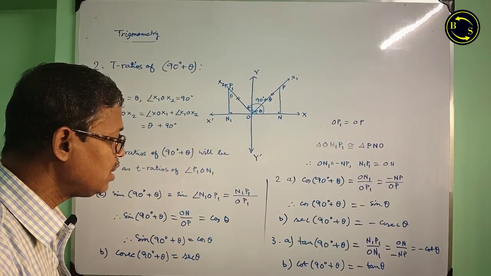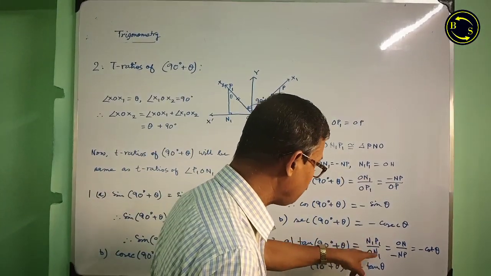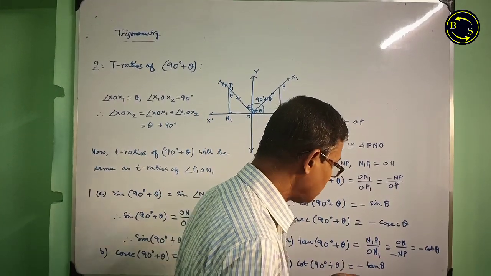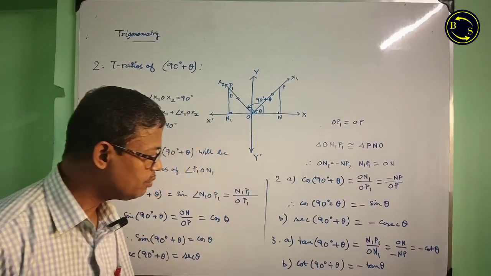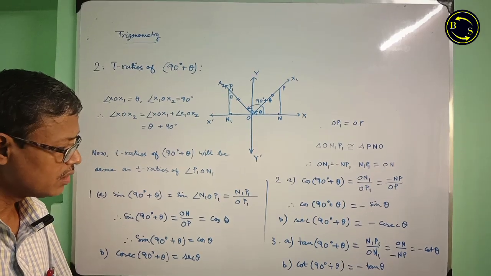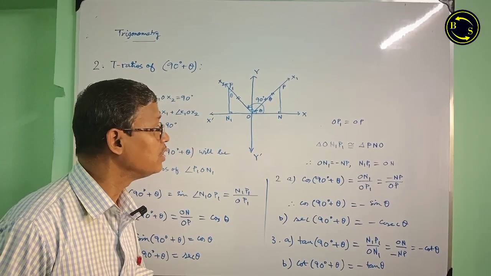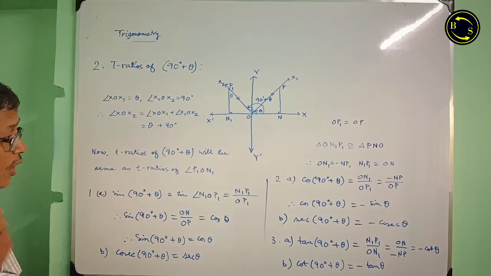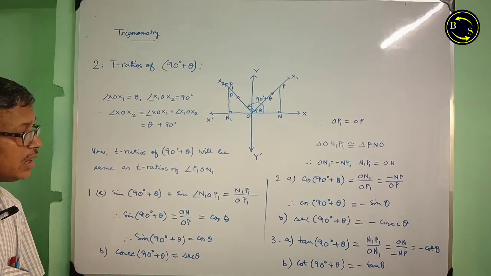Then tan 90 degree plus theta from geometry we have found will be equal to N1 P1 by ON1, and after calculation it will be minus cot theta. Then cot of 90 degree plus theta, similarly minus tan theta. Thus, we have found trigonometrical ratios of 90 degree plus theta.